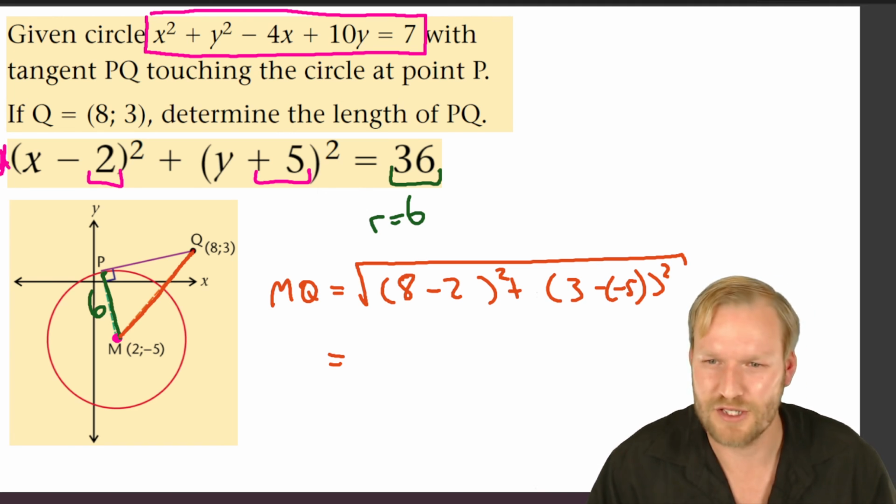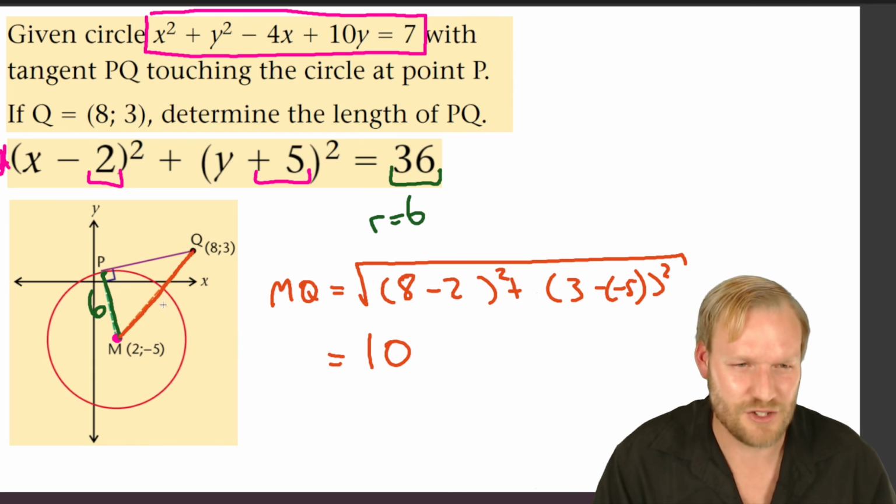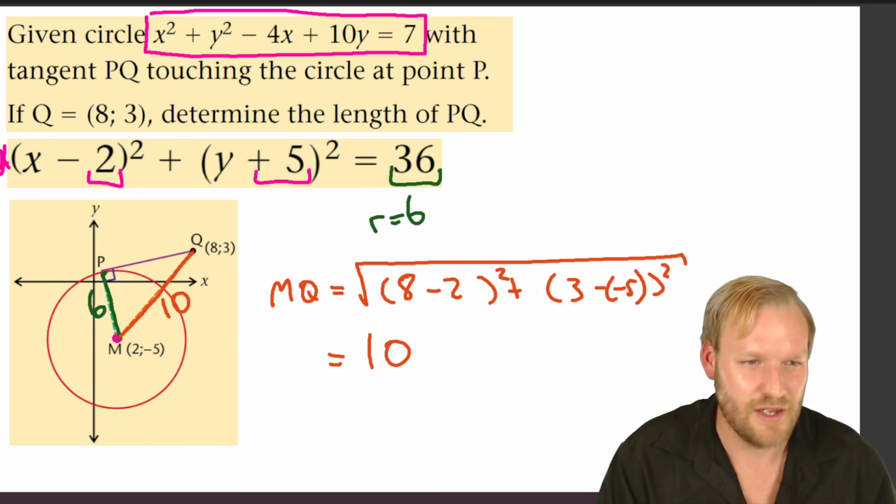I'm going to do it here while you're doing it. 8 minus 2 squared plus 3 minus 5 squared, whole thing square rooted. Well, I get 10.